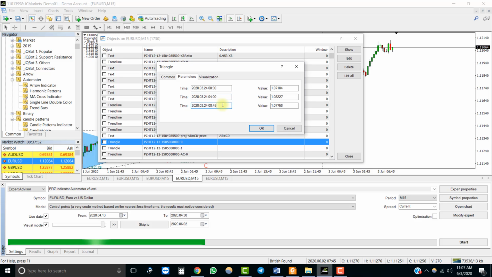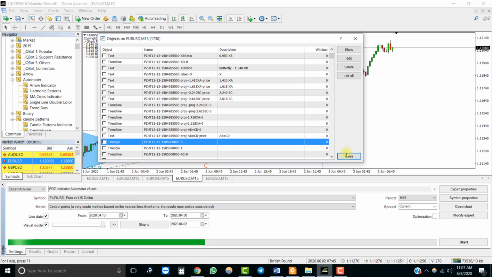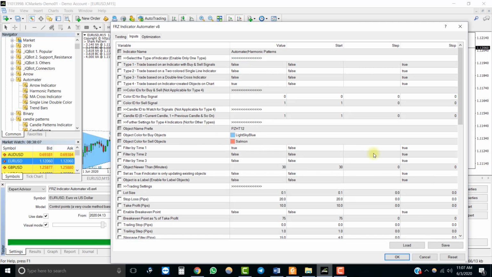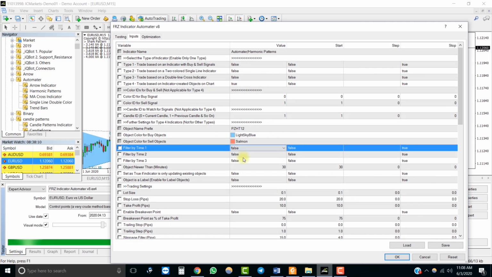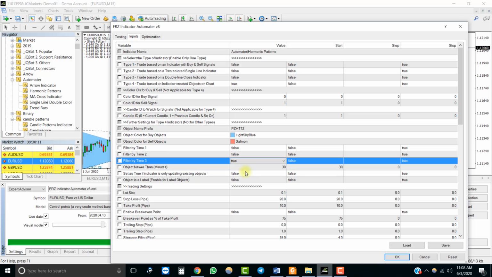Then you need to update the time parameter for the objects. If you open an object, you will notice that there are 3 time parameters and the latest one is the third one. Therefore, we need to enable the third time parameter under the settings, and also make sure you keep the others as false.